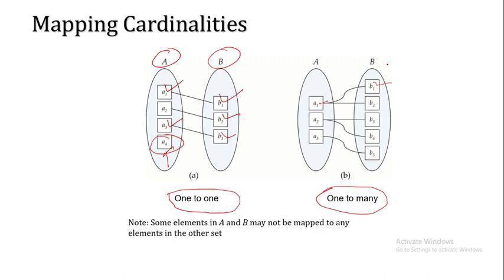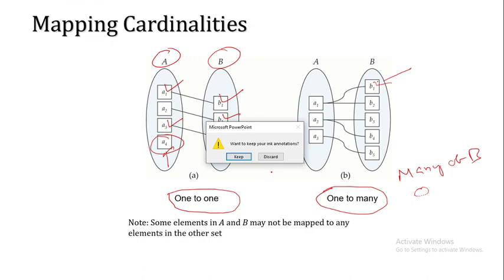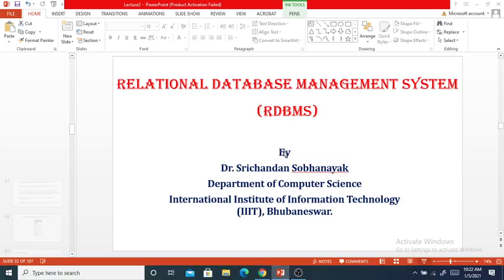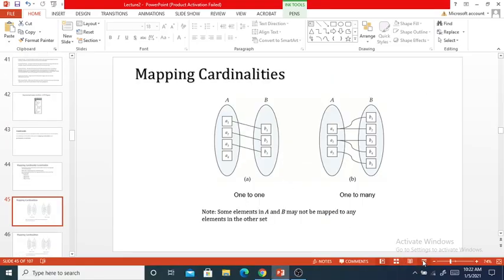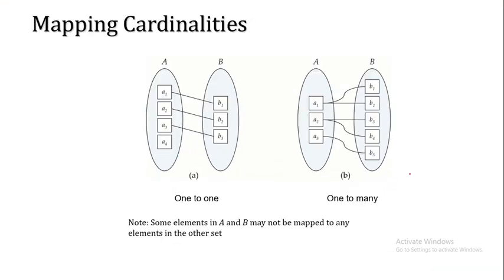So many B entities are mapped with one element of A. This many is from this side and one is on this side. So this is how the relationship exists.